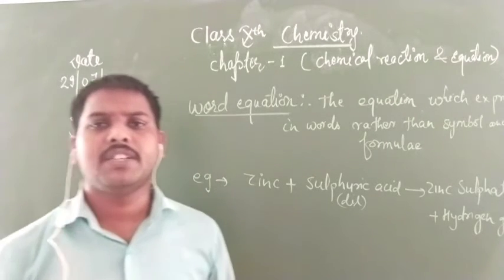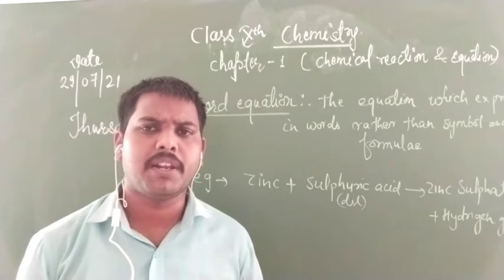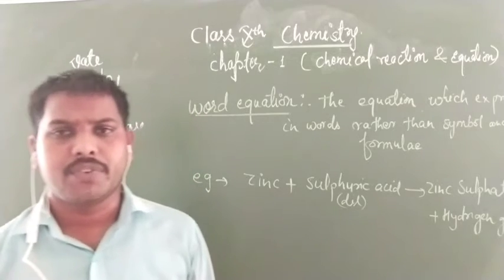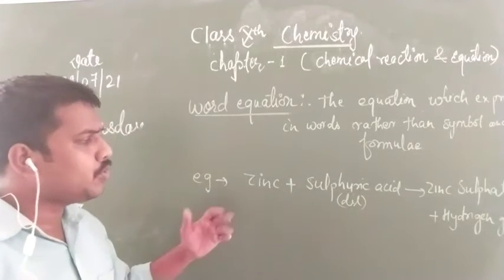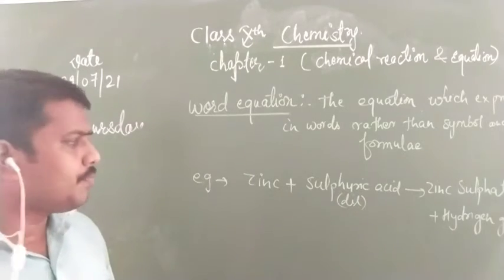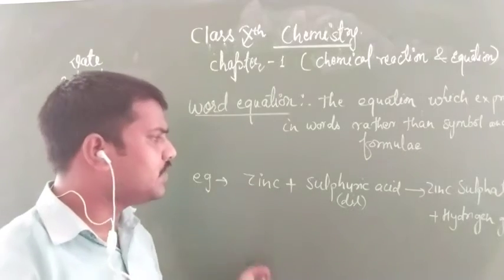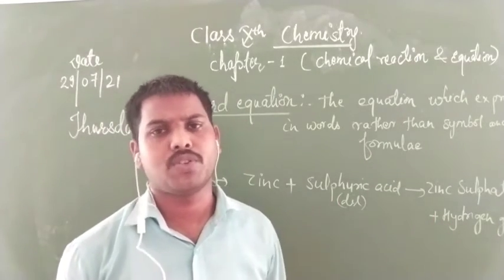So you can say that if any equation is expressed in words rather than symbols and formulae, it is called a word equation. Now children, how do we come to know what is the formula of sulfuric acid, what is the symbol of zinc, what is the formula of zinc sulfate, and what is the symbol of hydrogen?